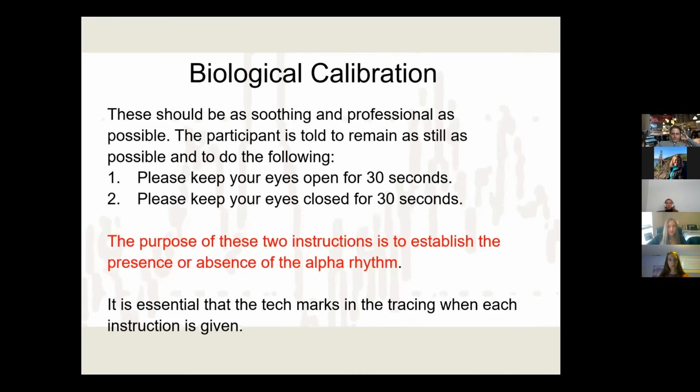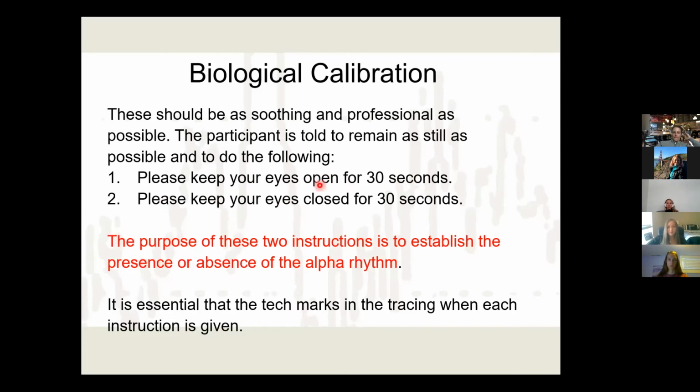So the first two BioCals that we do is we ask them to please keep your eyes open for 30 seconds. And I always say, please try not to blink. And then you'll do, please keep your eyes closed for 30 seconds. And when you give each of these instructions, you will make a tech note in the PSG recording. And so someone coming back to score the PSG recording can reference these BioCals and see, okay, this is what it looks like when their eyes are open, when they're asleep, stuff like that.